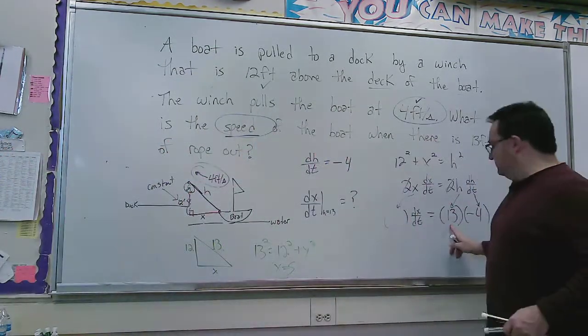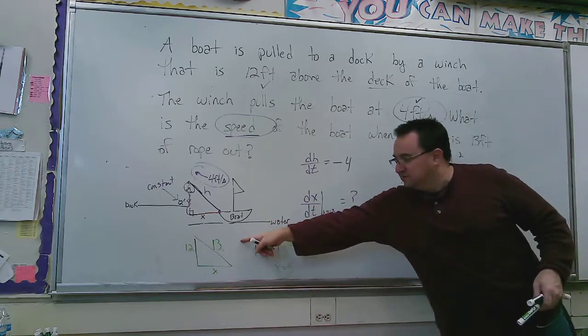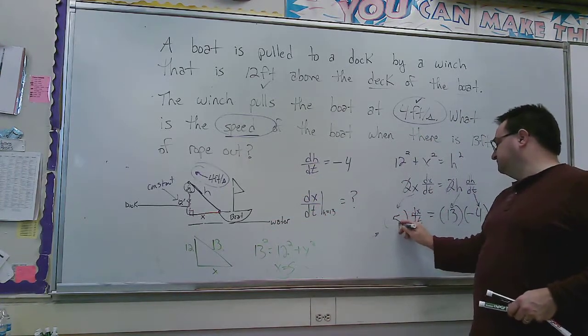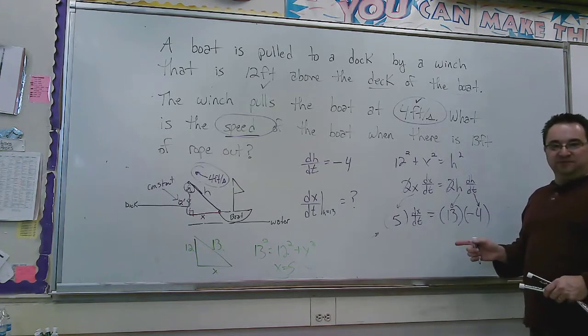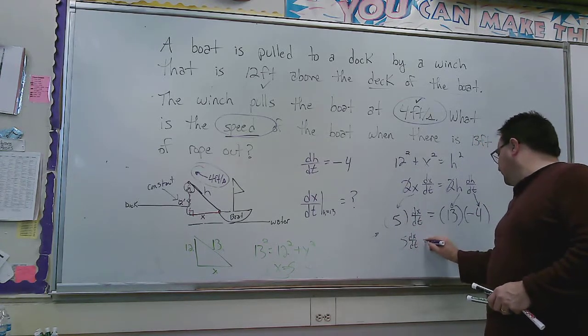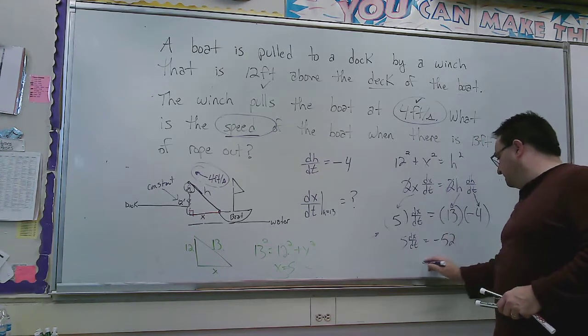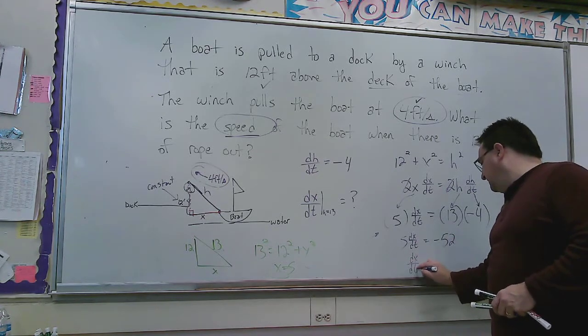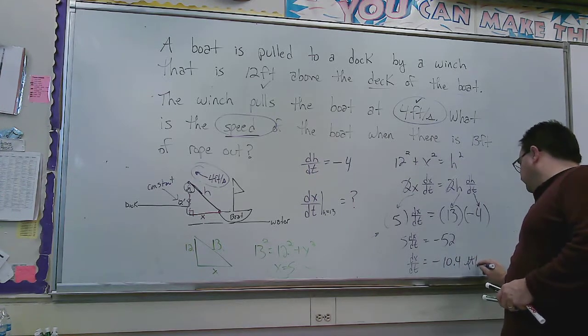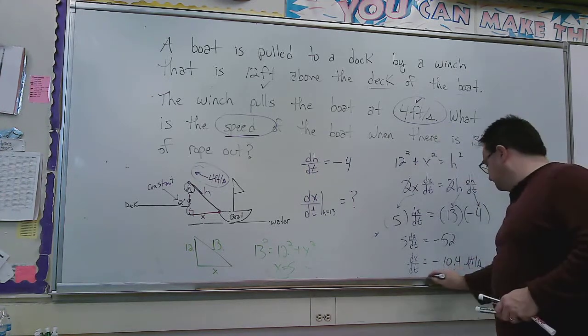So at the point in time when h is 13, x would be 5. Now that's a pretty simple equation to solve. 5 dx dt is minus 52. So dx dt would be minus, looks like 10.4 feet per second.